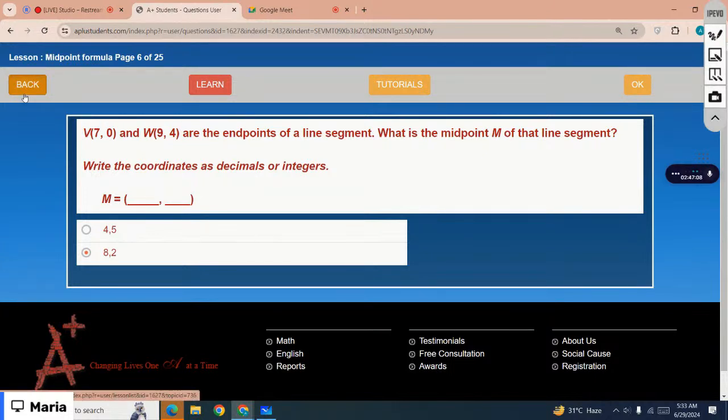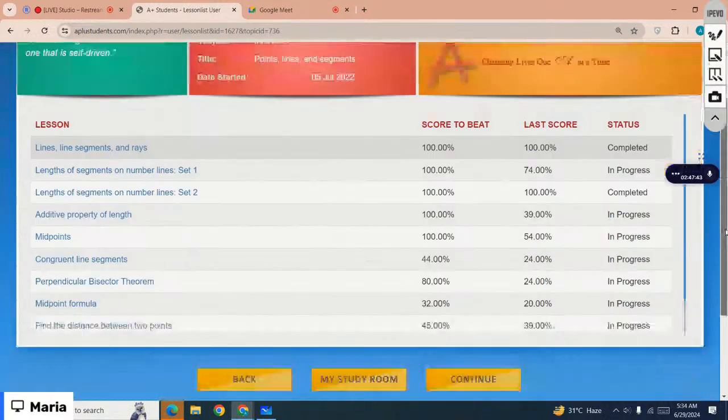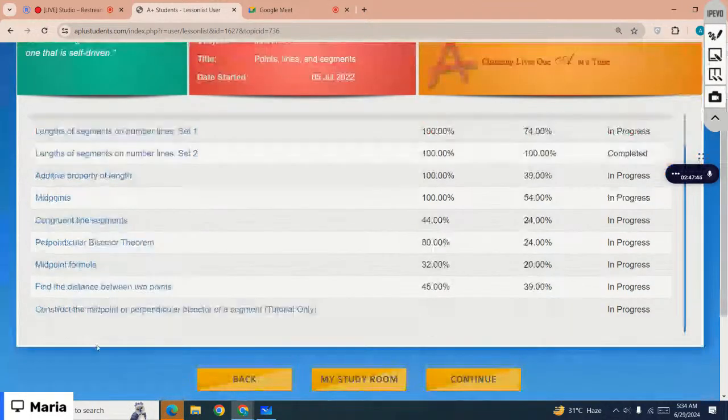And the next lesson is to find the distance between 2 points.